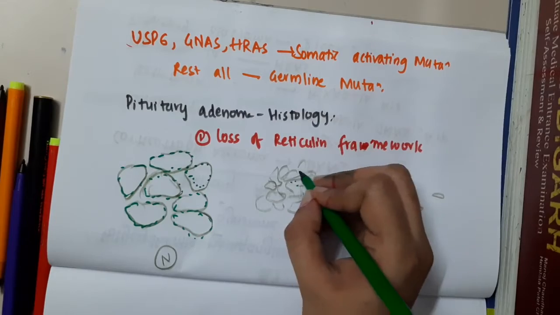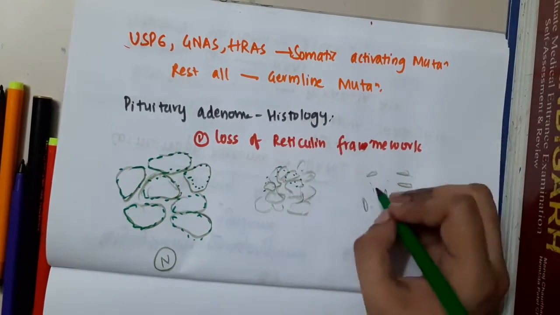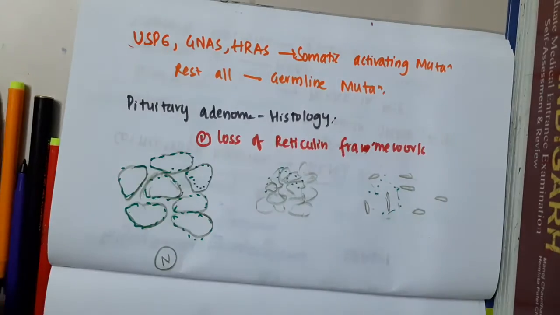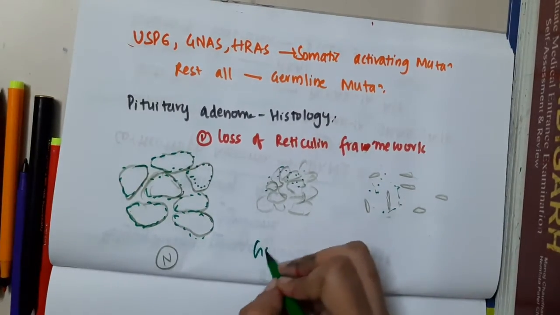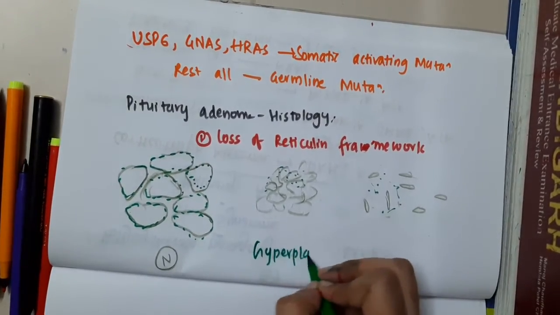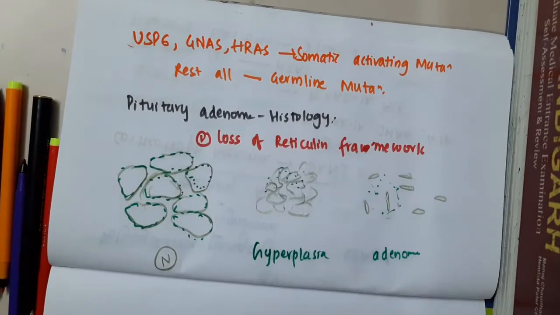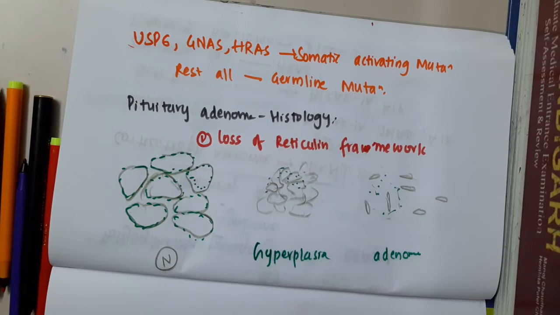Here they are present but they are minute. Here they are present inside like this. So this is normal, this is hyperplasia, this is adenoma. In adenoma, you are seeing loss of pituitary framework.